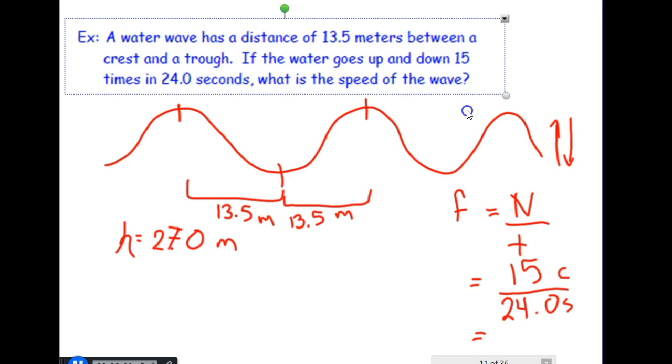You should be able to calculate how many waves you will get in 1 second. What's lambda again? Don't say height. Distance between the crests of the waves.